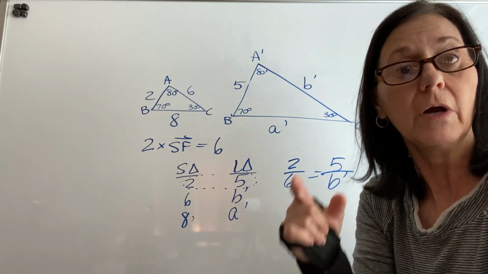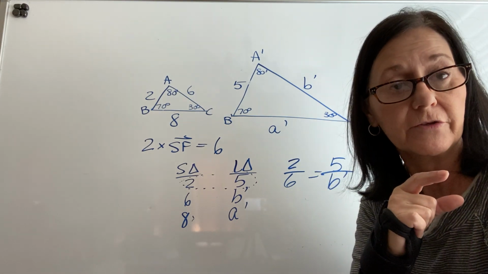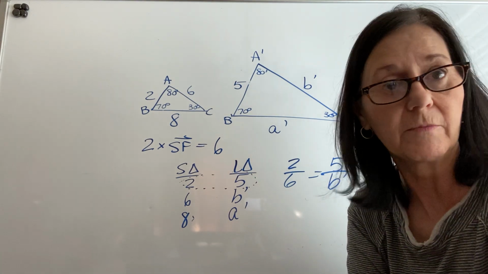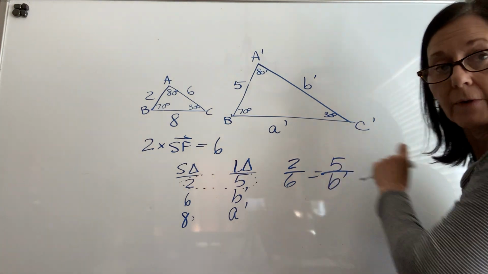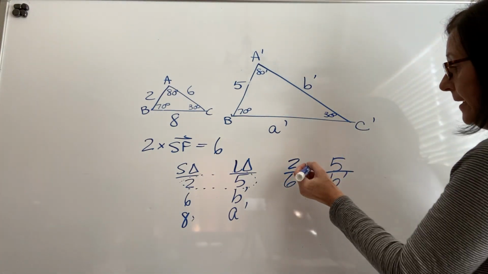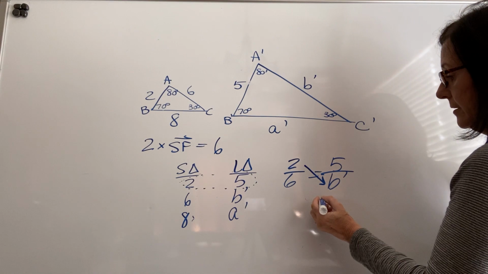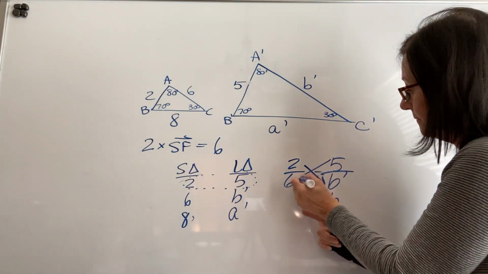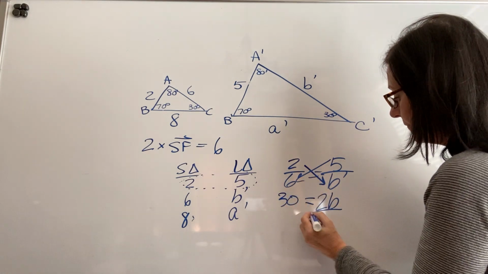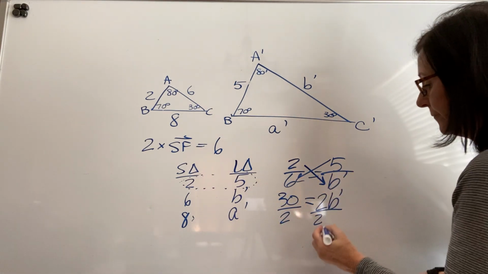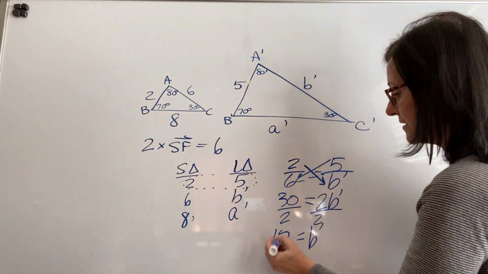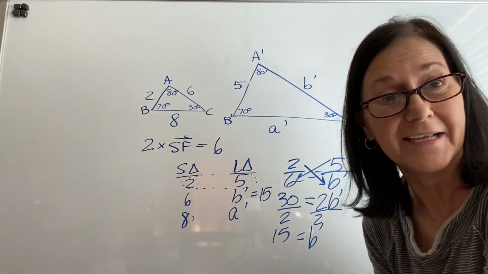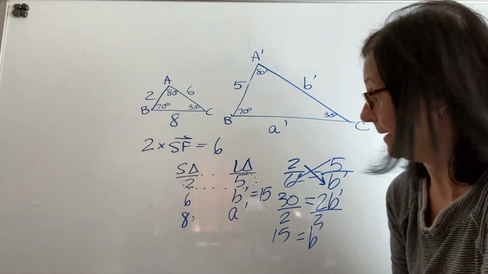When you have a ratio, an equal sign, and a ratio on the other side, then you can use cross multiplication. So that's 2 times B prime, my equal sign stays, equals 30. I divide by 2. B prime is 15. I wasn't necessarily expecting a nice even value, but I have it.